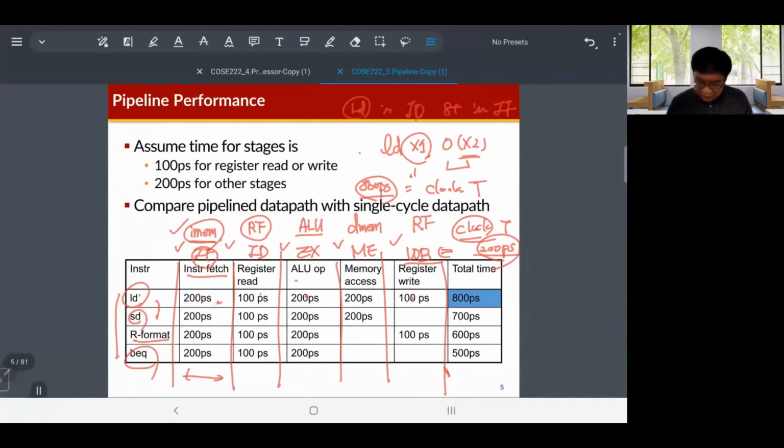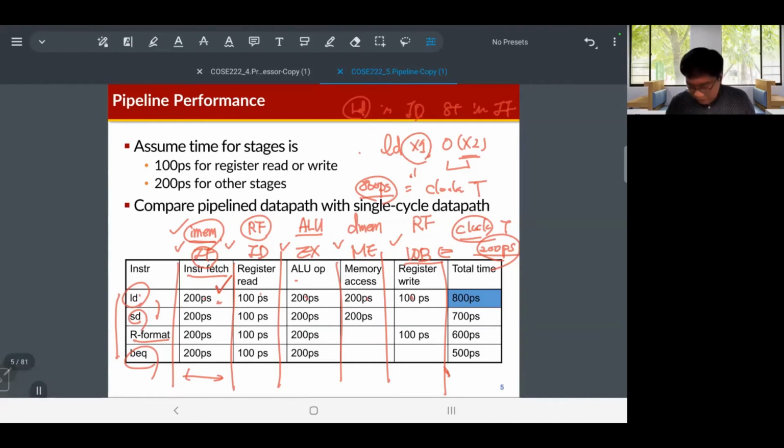As you can see in this example, the instruction memory has 200 picosecond of delay, and the register file has 100 picosecond. So for this case, we need to use the longest delay. The clock period will be longer than the longest delay of the hardware component.